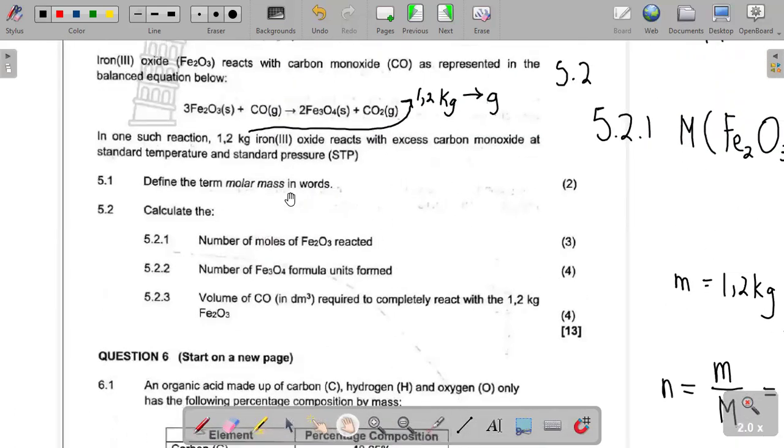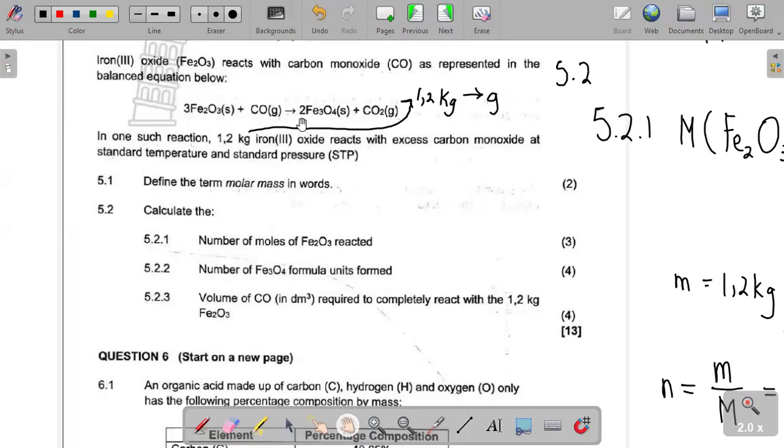You can see for iron oxide here we have 1, and for carbon monoxide it is 3. If there is no number here, it means 1.